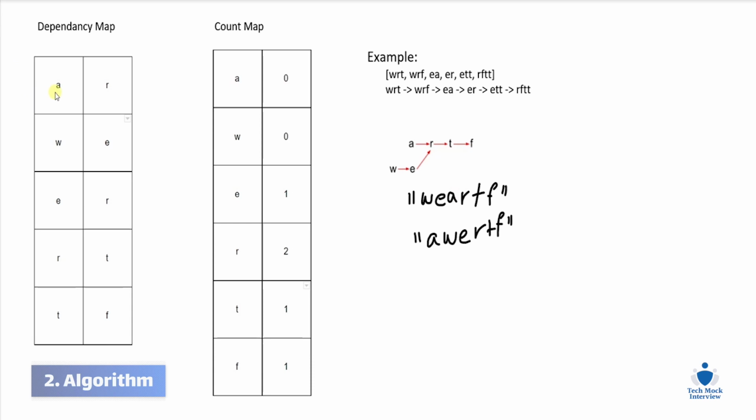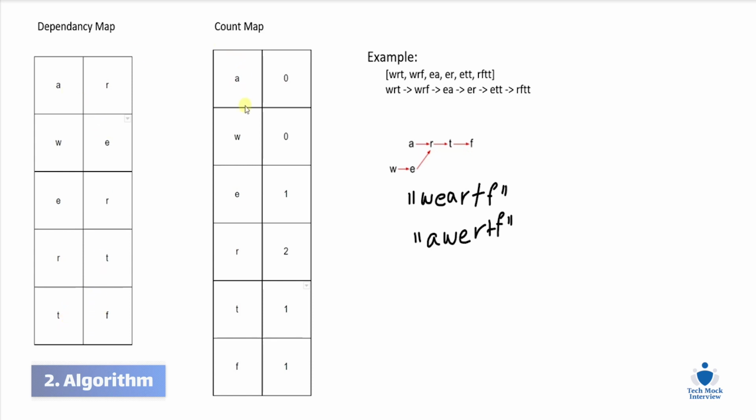According to the graph we created here, A has R as its dependency. We also have W as E's dependency, so W comes before E. And E is a dependency of R, and R is a dependency of T, and T is a dependency of F.